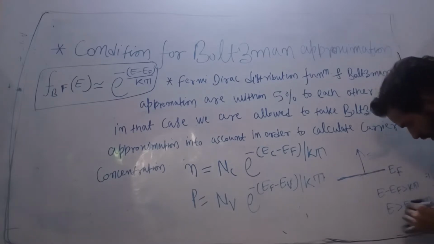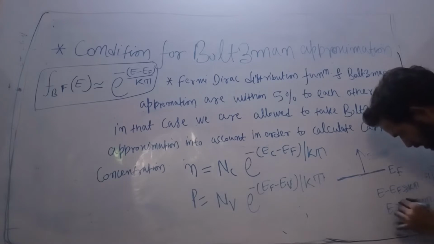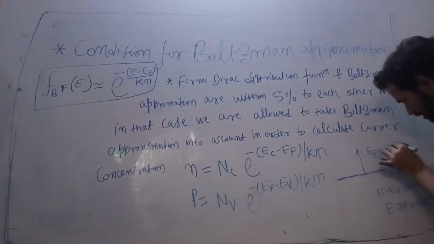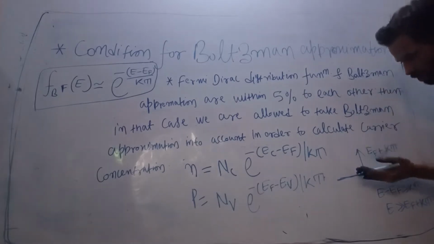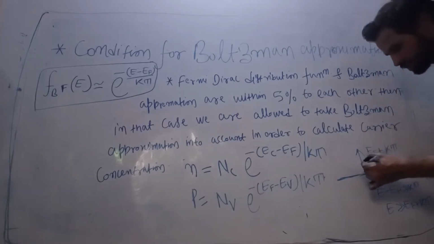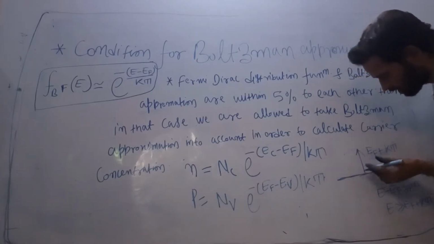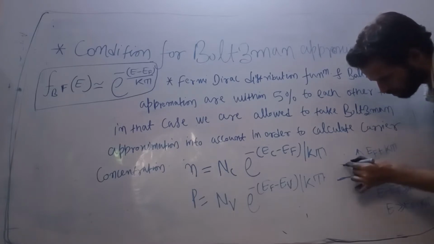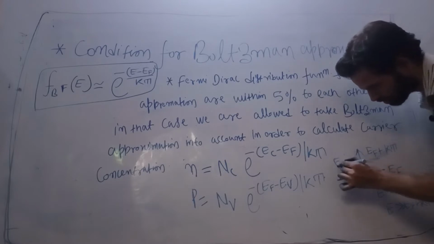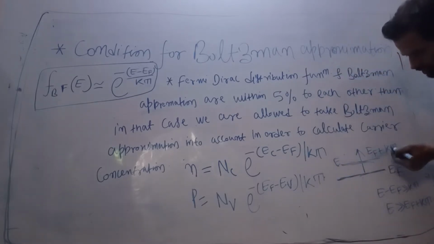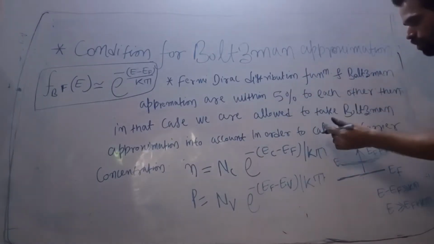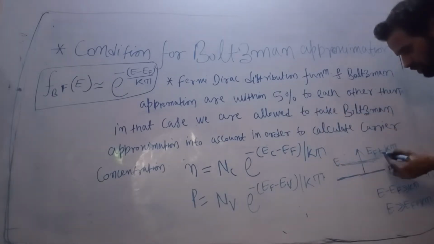So this means how much above EF plus kT I have to shift this energy level so that I am able to take the Boltzmann approximation into account.